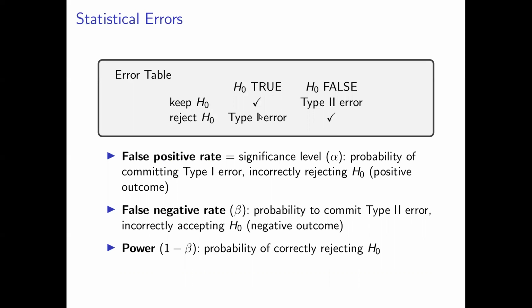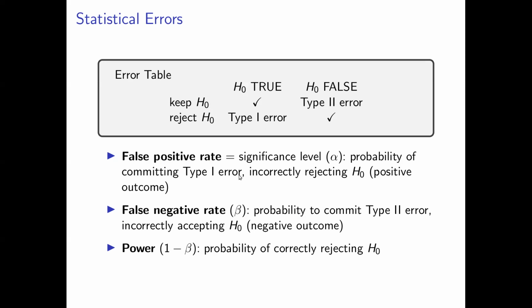However, if we reject a null hypothesis which was actually true, we are performing this type 1 error. The false positive rate, which is the significance level alpha, is exactly the amount of this type 1 error. On the other hand, it can happen that the null hypothesis is false.